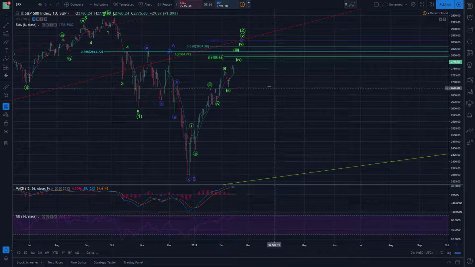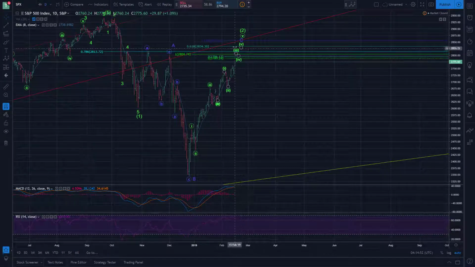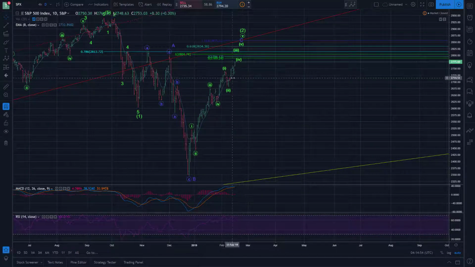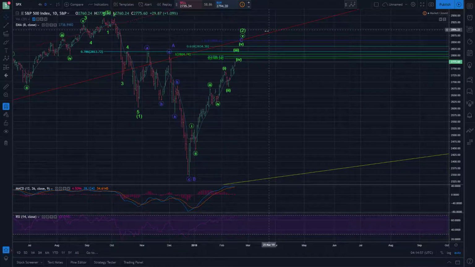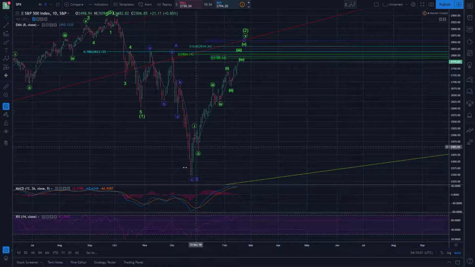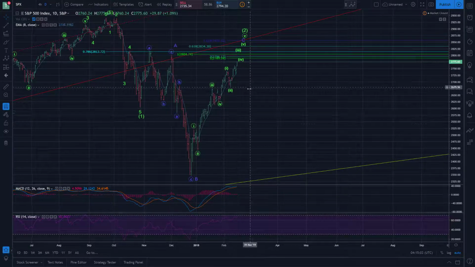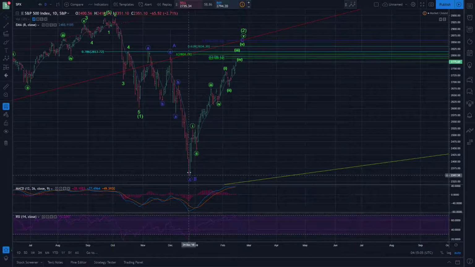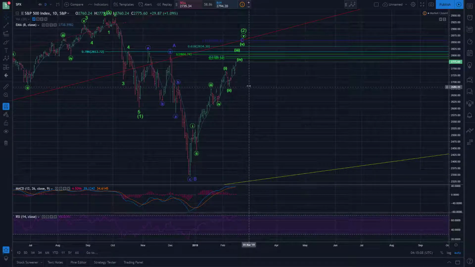And you'd want to see at least some sort of candlestick sell signal and a close below the T line, or a VIX spike, some sort of signal that tells you something's changed from this bullish melt up phase that we've been in for the last couple months almost at this point.